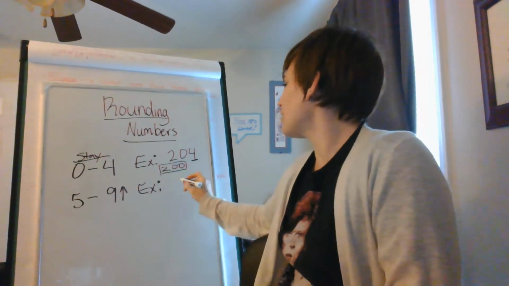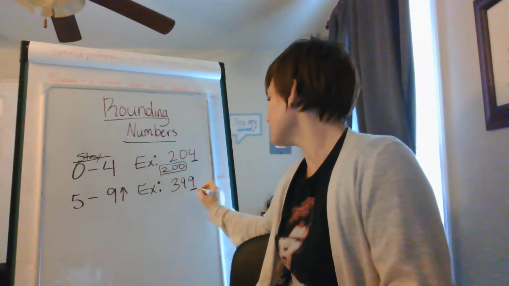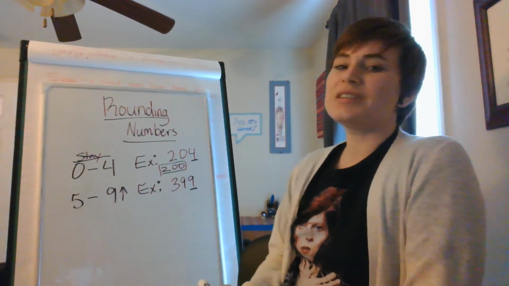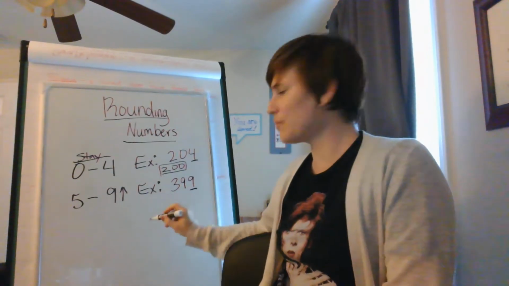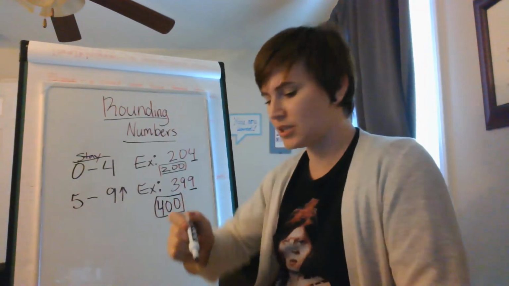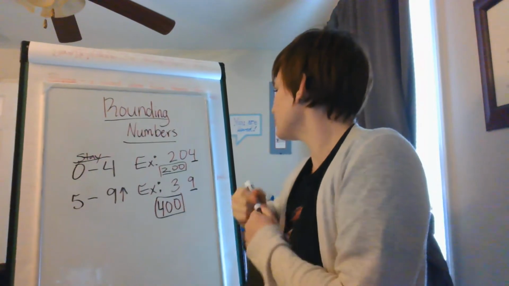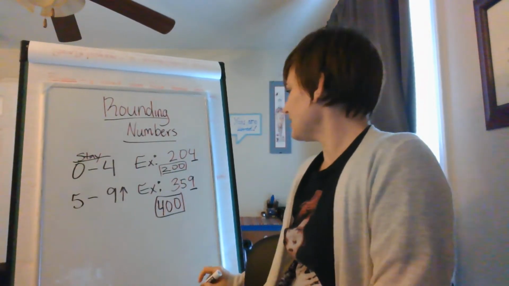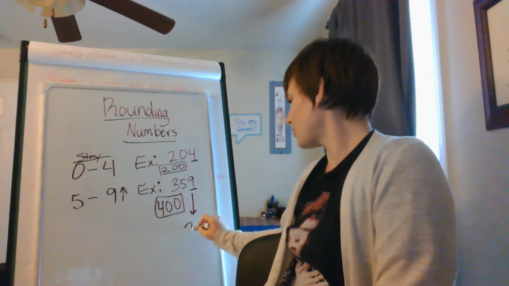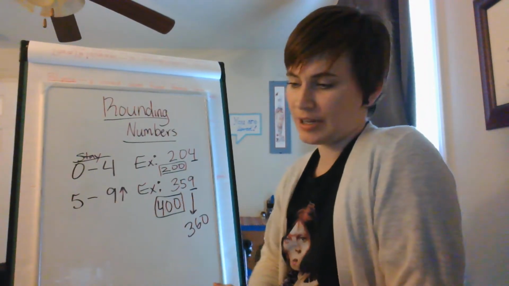If I have 399, I'm going to make a really hard one here, and I say round to the nearest whole number, the nearest whole number is 400. I've rounded up. Okay, say that was 359, and I said round to the nearest whole number, then your answer would be 360. That's a whole number, okay?